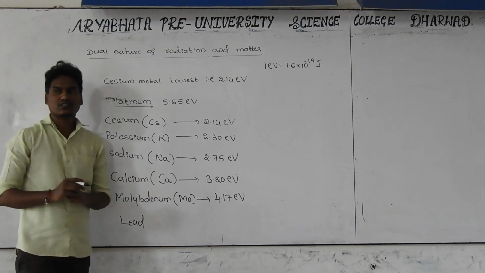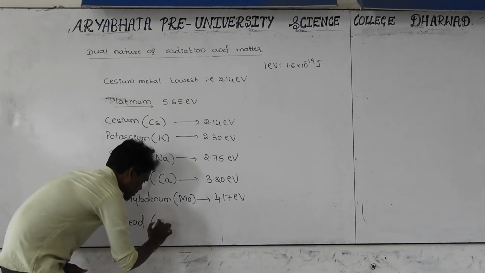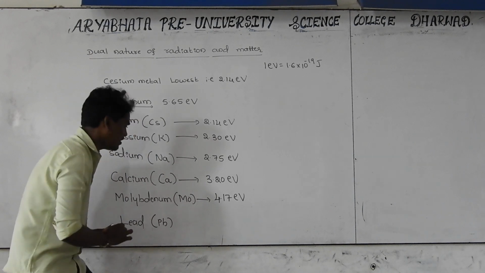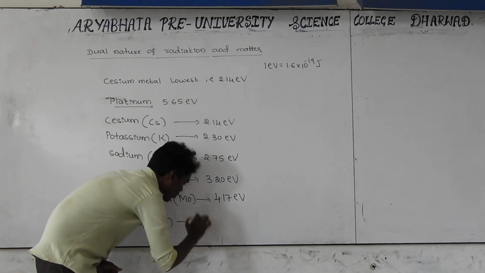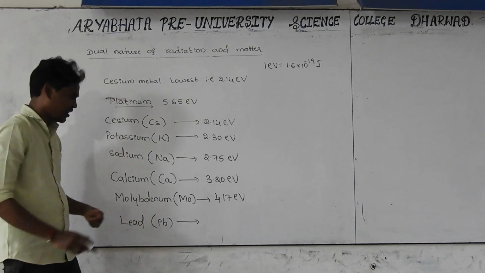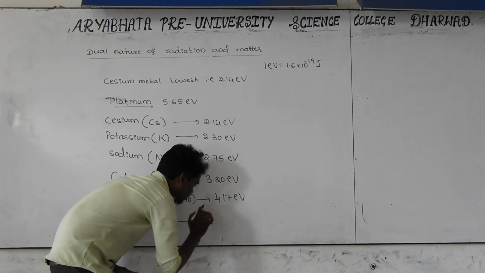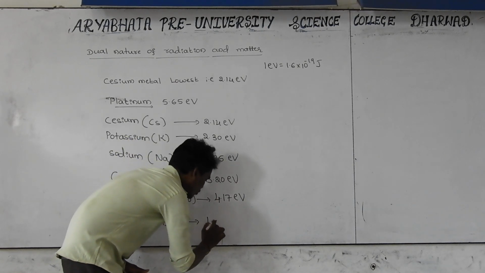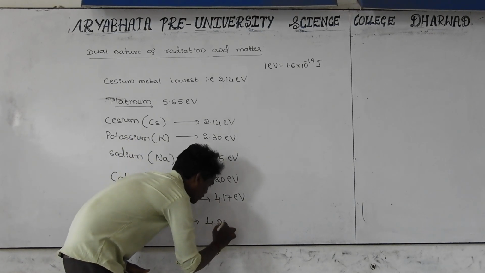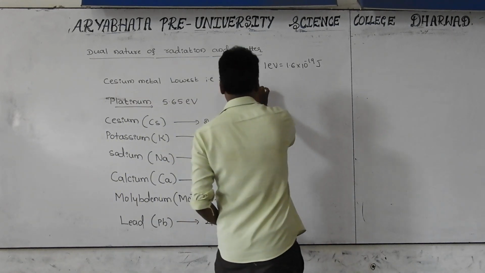In order to emit the electron from the surface of the lead, the required energy in terms of electron volt is 4.25 electron volt.